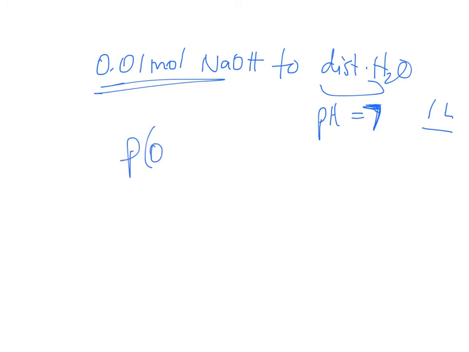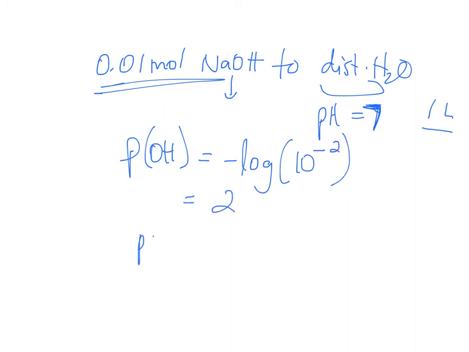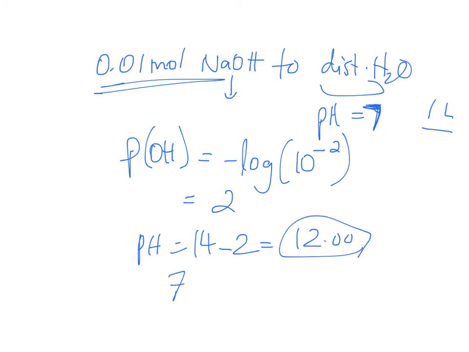So the pOH, because it's a complete dissociation, is going to be negative log of 10 to the power of minus 2, which would have been 2, or pH would have been 14 minus 2, which is 12. That means you would have gone from pH 7 to pH 12, a difference of 5 units.